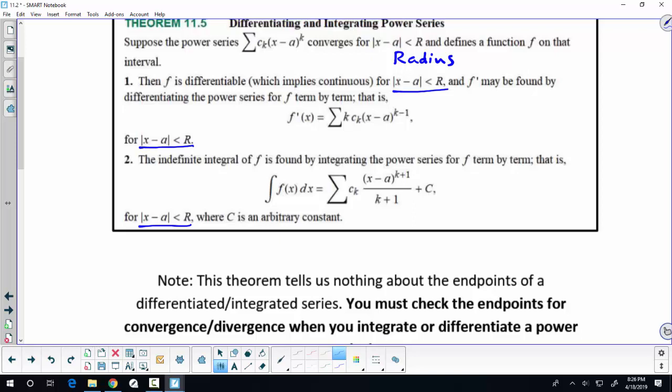We take the derivative or the antiderivative, and the radius of convergence is still the same. However, it doesn't say anything about the interval like the last theorem did, the capital I, right? This only says that differentiating and integrating maintain the same radius of convergence, but the interval of convergence might change.